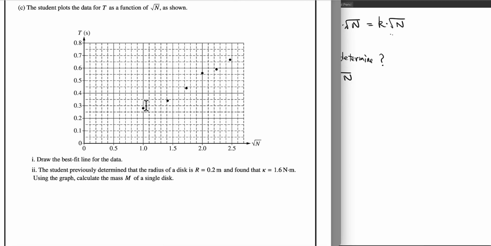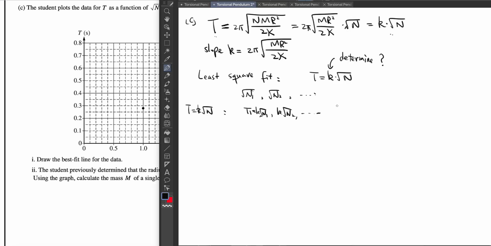Now we need to compare it with this data, and we will try to minimize a summation here. Let's call this sum. k square root n1 is from calculation, so that's from theory. And from experiment, you have data, T1, T2, etc. So I want to use T here to represent the data, the measurement.